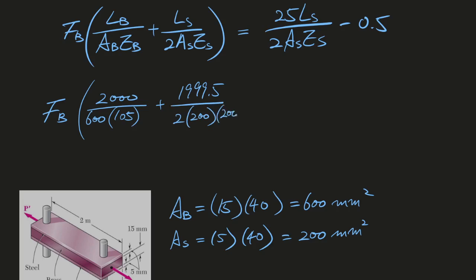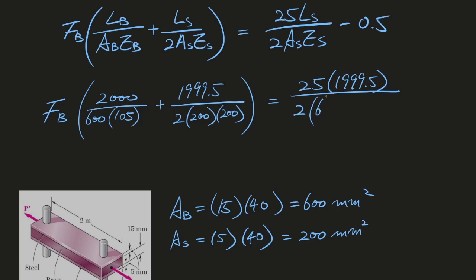Steel has an elastic modulus of 200 gigapascal. On the other side we have 25 times 1999.5 over 2 As, which is 200, as well as 200.